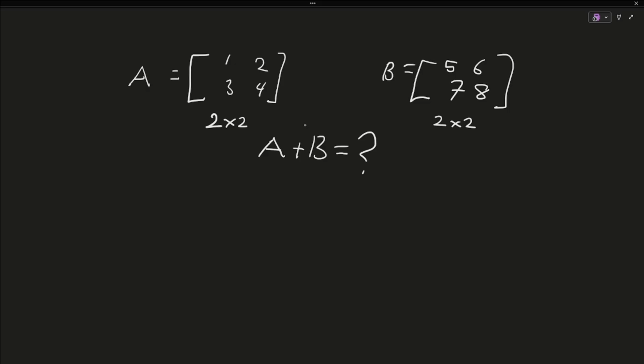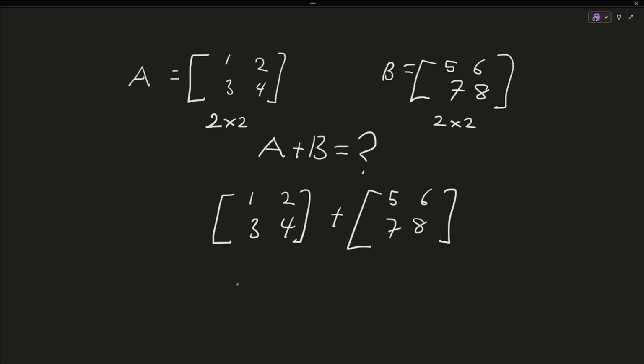So how do we add matrices? First of all, entries will be added with the corresponding entry on the other matrix. So when you want to add the A matrix plus the B matrix, 5, 6, 7, 8, on the left upper corner, we will have 1 plus 5, because every entry will be added to its corresponding entry on the other matrix.